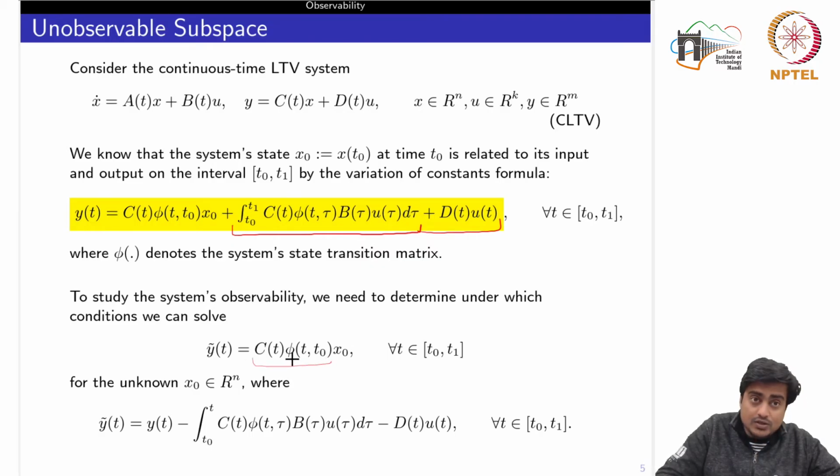I know phi is non-singular and square, but since it is pre-multiplied by the output matrix, which could still be a non-square matrix, the overall matrix would be non-square, and I cannot take the inverse to directly compute this x naught. But we will see some subspaces for which we can characterize for which elements x naught we can construct this signal.